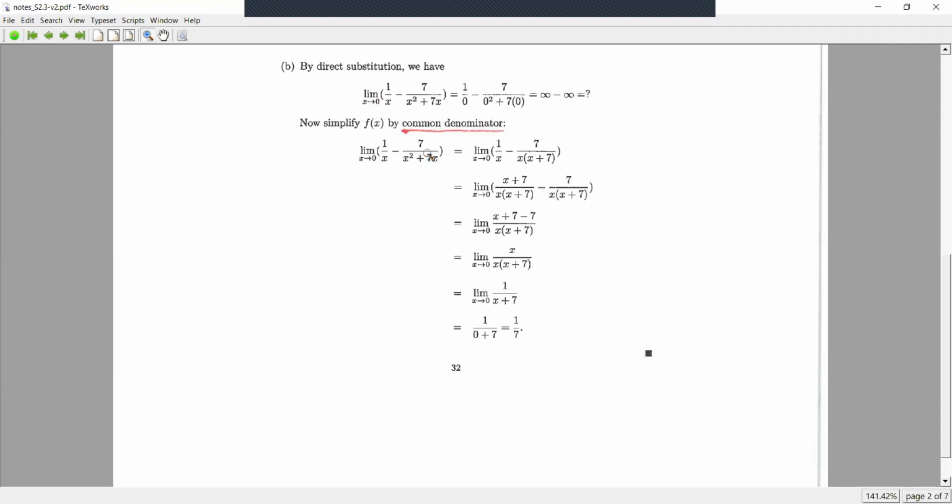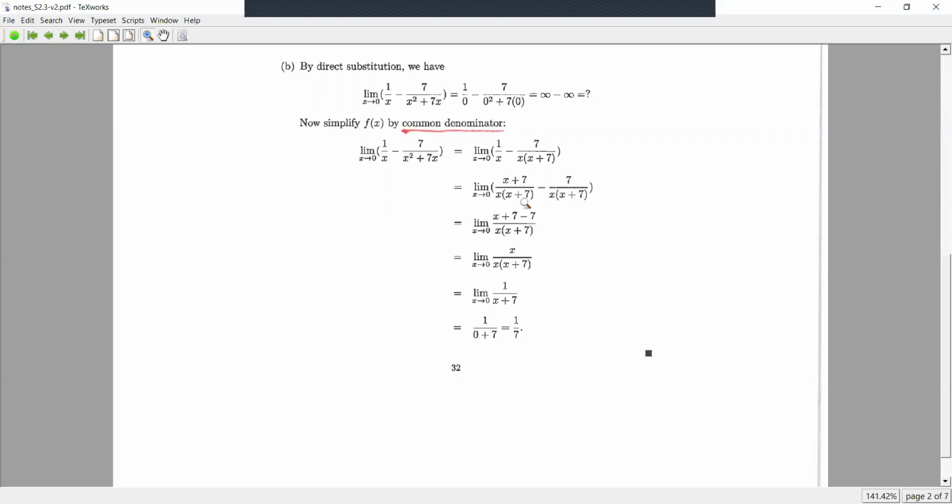I factor this denominator into x times (x + 7). Now, to make the two denominators the same, in the first term, I multiply 1 by (x + 7), and multiply x by (x + 7).